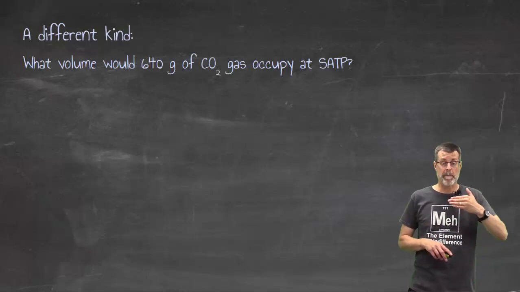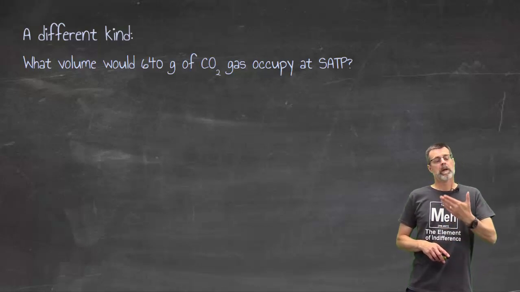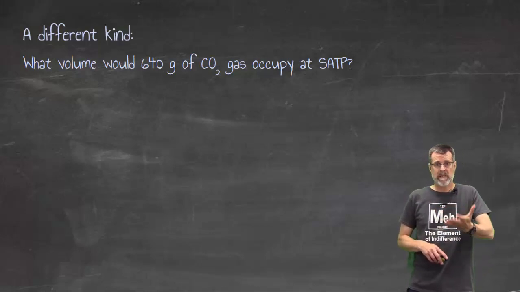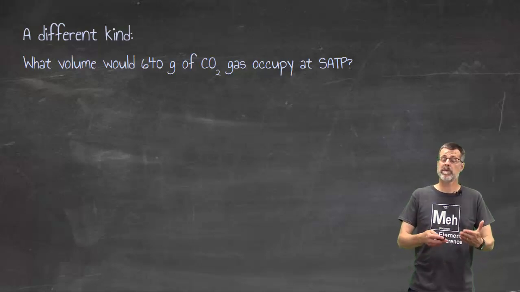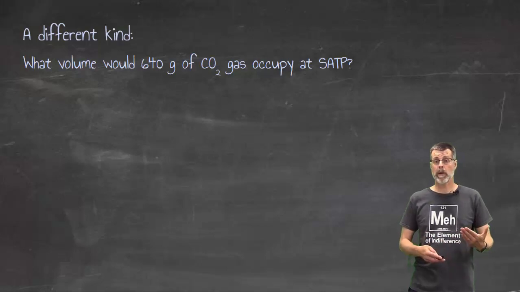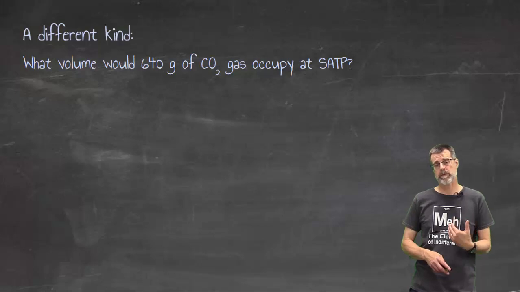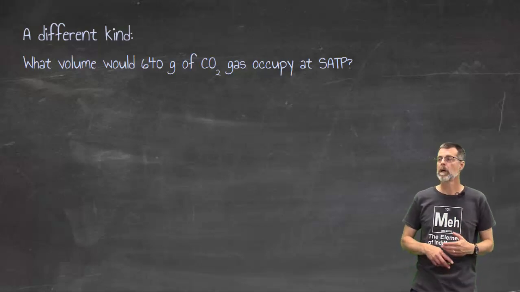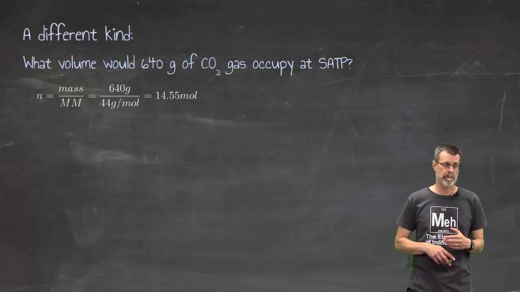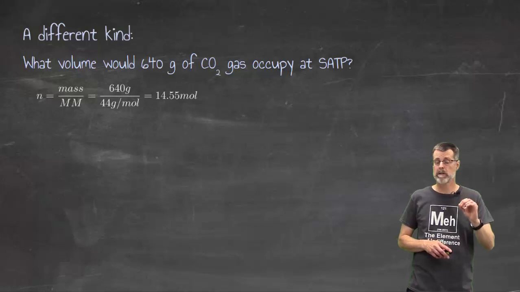Okay, I can do something different with this. So if I had a mass of gas, well, this is new. We've never had that before. But it should make sense that gases are matter. They take up volume and they have mass. So if I were able to find the mass of a gas, now what? You'll notice I don't have changing conditions, which is kind of a new thing for us with gases. What we've been doing so far is, here's a gas, change it. I'm not making any changes here. Now, I don't have number of moles. I've got SATP, which is standard ambient temperature and pressure.